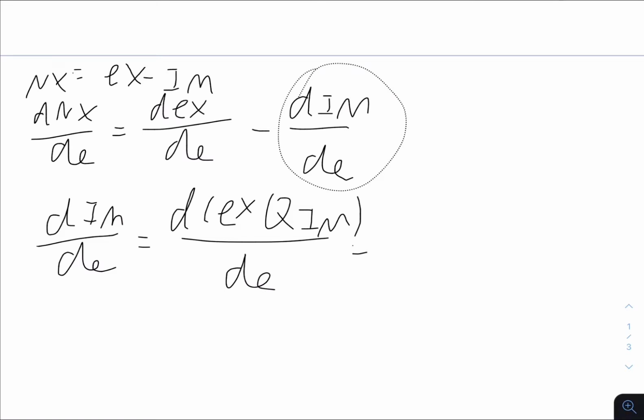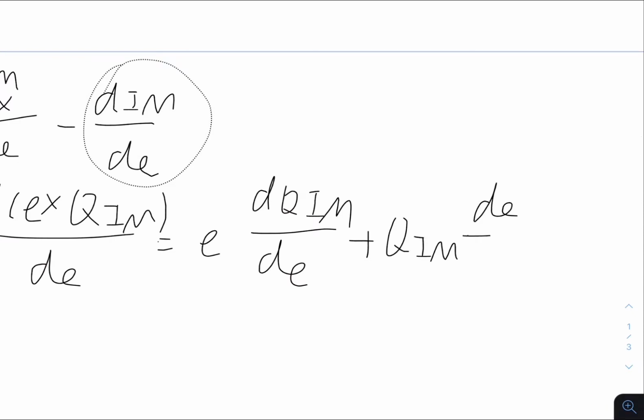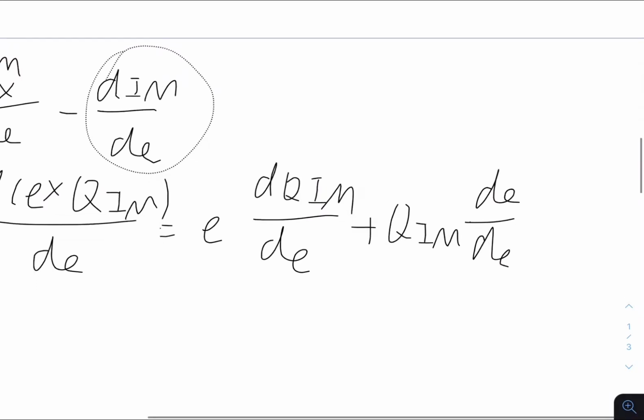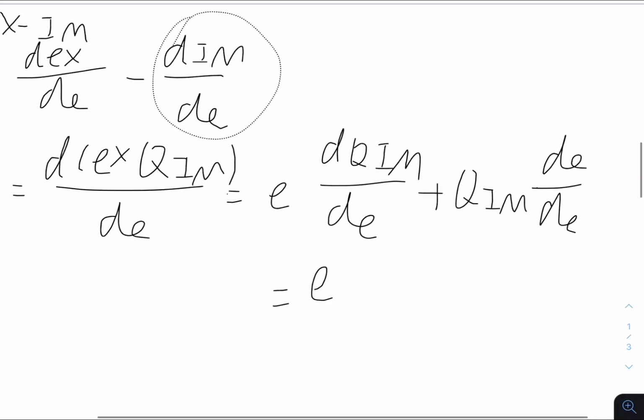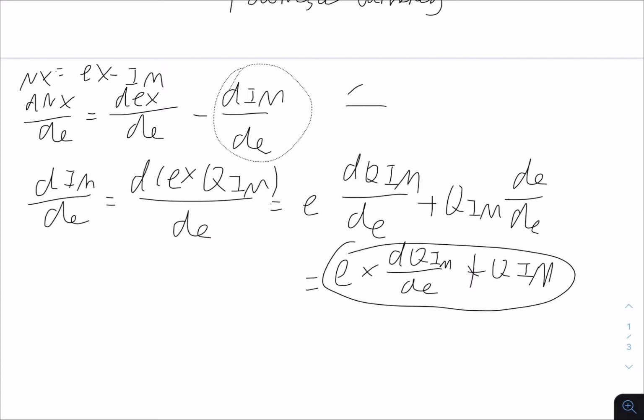And then use a product rule. And then we insert the result here into the previous equation.